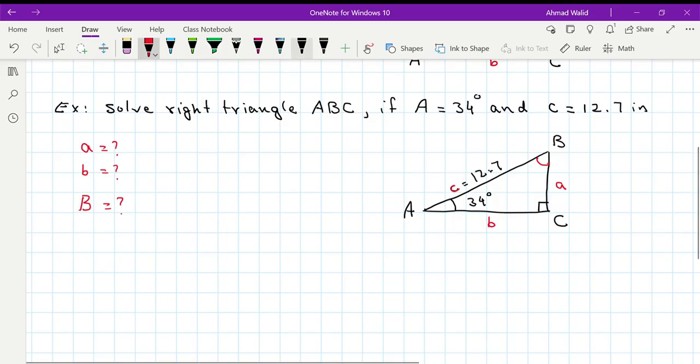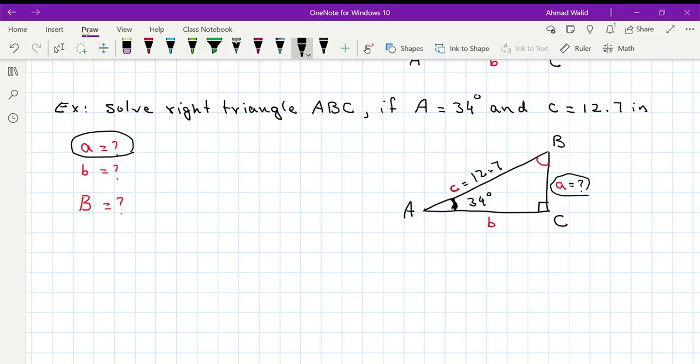I'll start with a. How to find a? Look, you need a little bit of focus, then it's not difficult. To find the value of a, look at the diagram. For angle A, a is the opposite side. Hypotenuse is given, the angle is given, only you need to find the opposite side.